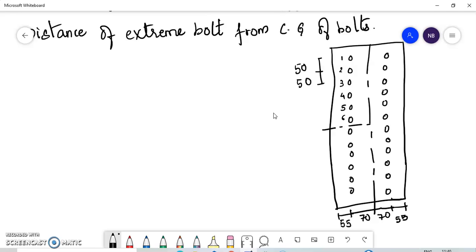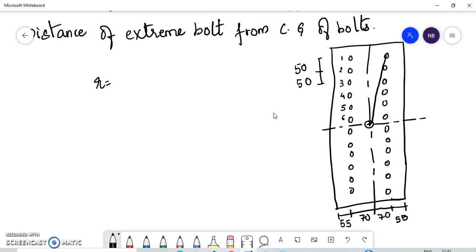1, 2, 3, 4, 5, 6. So this point here is the CG of the group of bolts, and we need to find out the value of R here. So R is nothing but the distance from here to the center of the extreme bolt. That is what we need to find out.